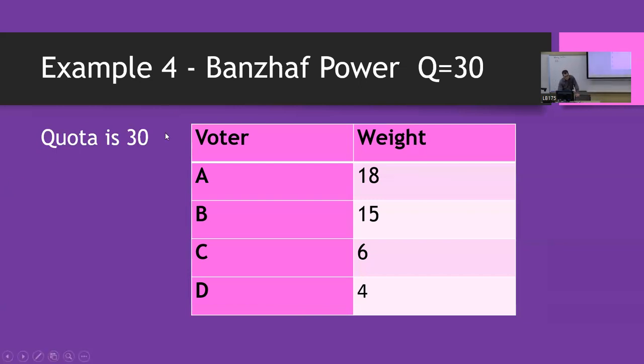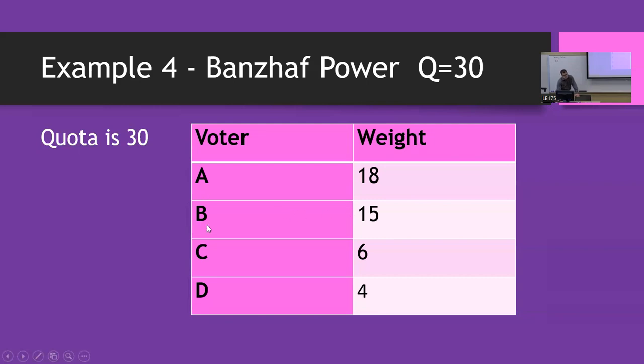All right. So as I walk around, people are doing really well on this. Obviously, the quota is 30, so we're naturally going to have fewer winning coalitions just because it takes more votes. So A and B together get us past 30, to 33 actually. So A and B together are a winning coalition.